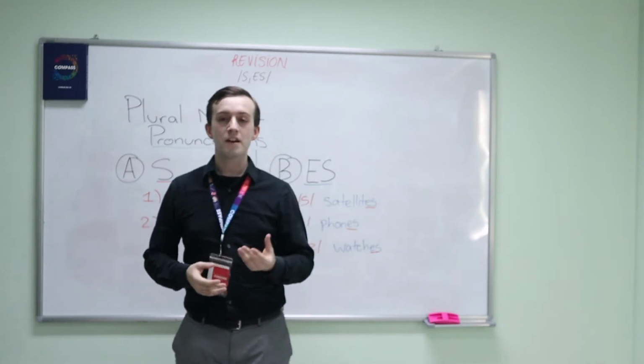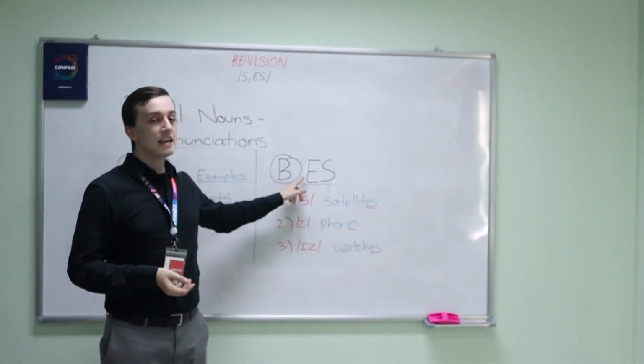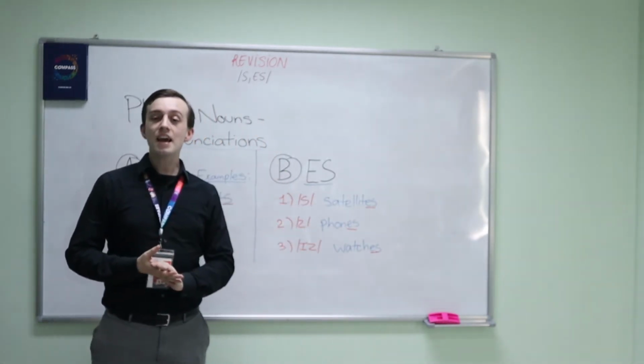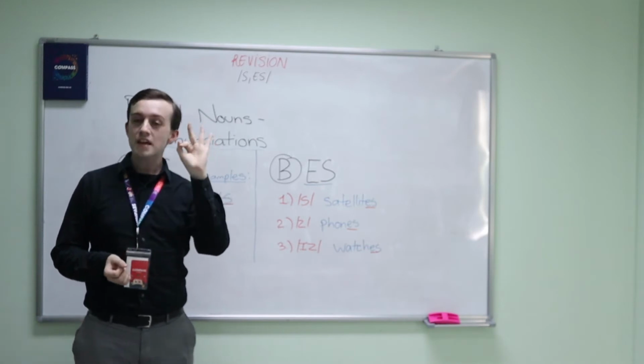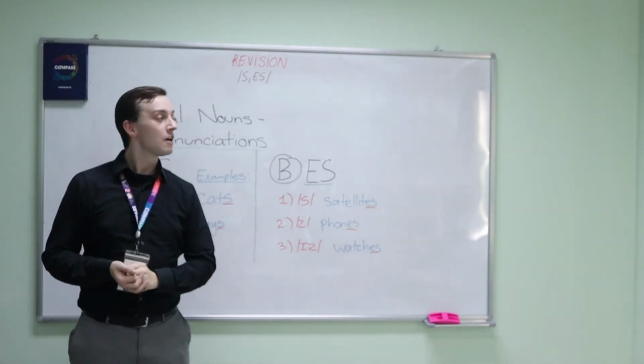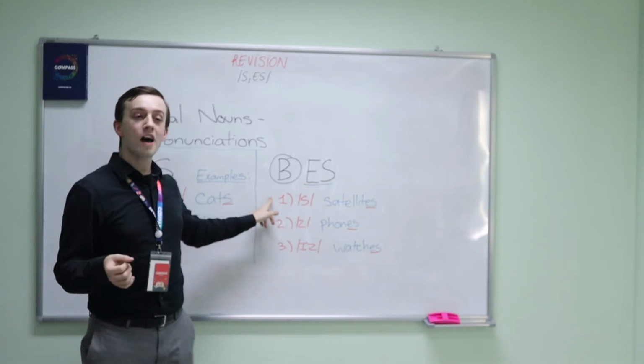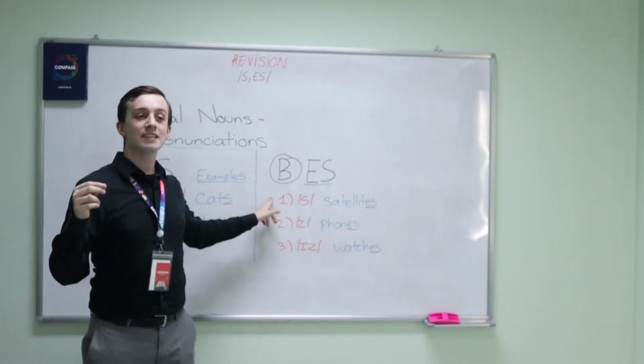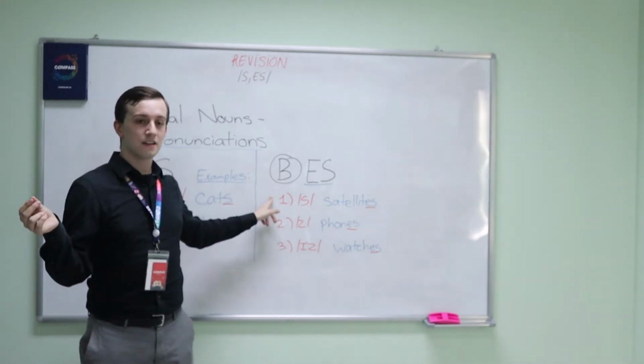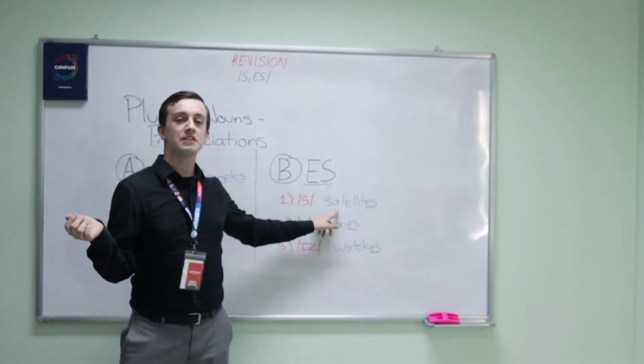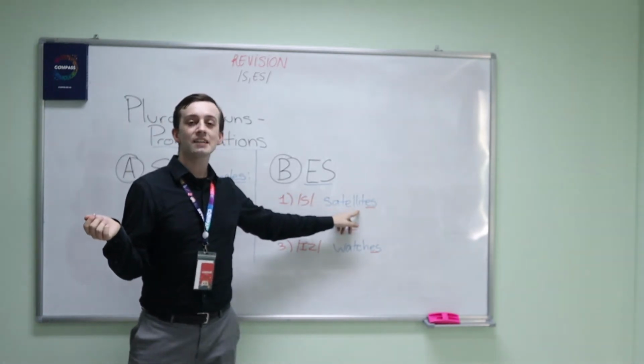Next, the pronunciation of ES. ES has 3 pronunciations. Okay? Number 1 is S. S. For example, this is satellites.